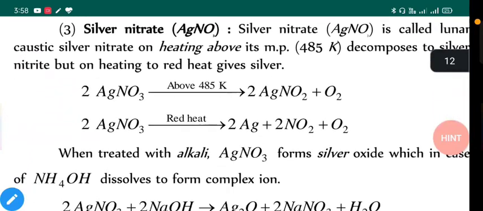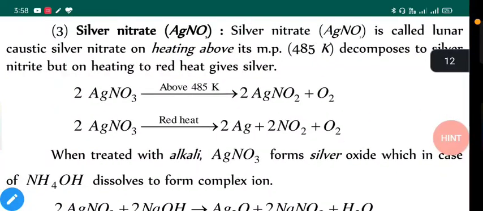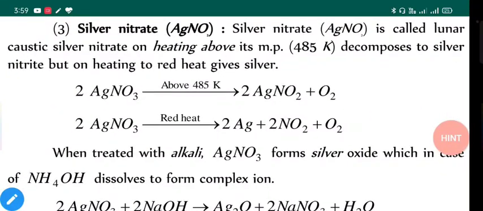Now next, silver nitrate, the chemical mainly used by us in the laboratory. Silver nitrate is called lunar caustic. On heating above its melting point it decomposes to silver nitrite, but on heating to red heat it gives silver. So AgNO3 on heating above 485 Kelvin gives AgNO2, and when we heat AgNO3 at red hot temperature, it gives silver metal.